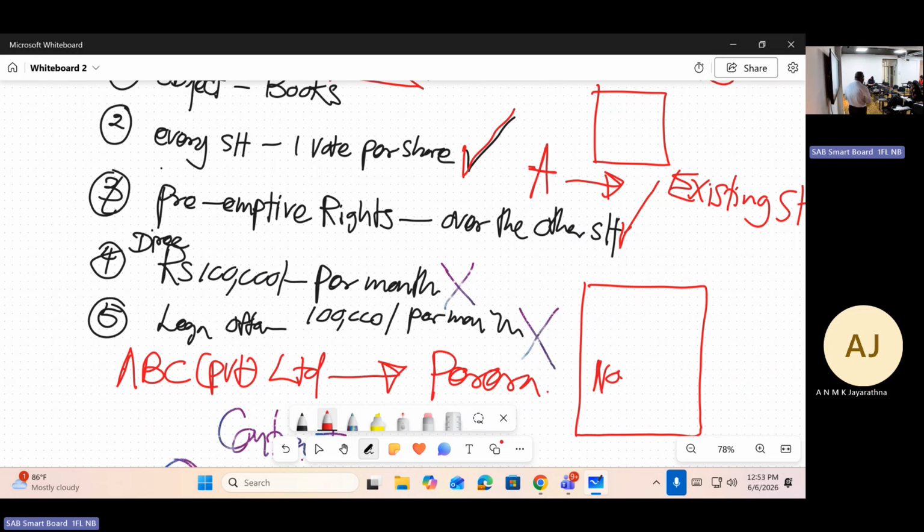So if the appointment is made by an appointment letter, it is in writing, no? According to the appointment, salary payable is not mentioned.